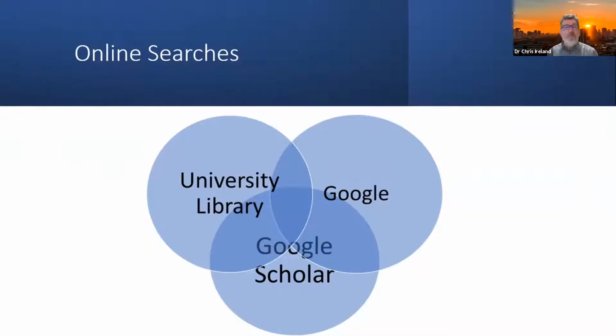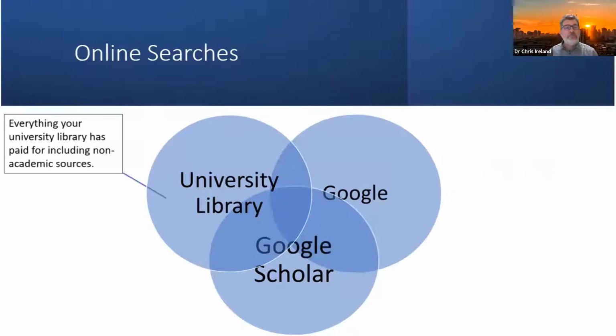First of all, your university library is everything that your university has paid for. That also includes important non-academic sources, like newspaper articles. It could be marketing reports, company reports.